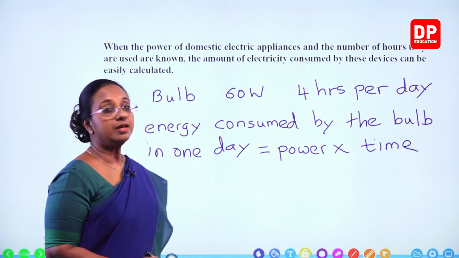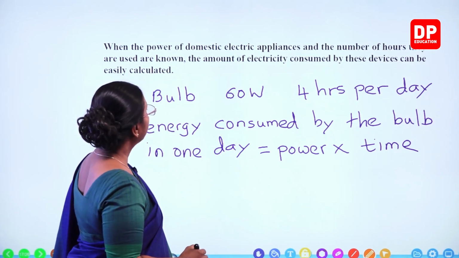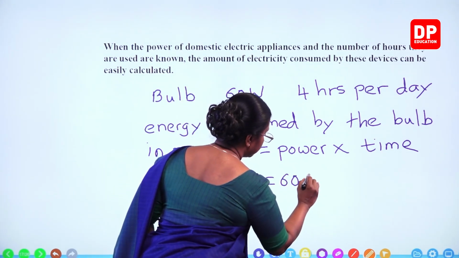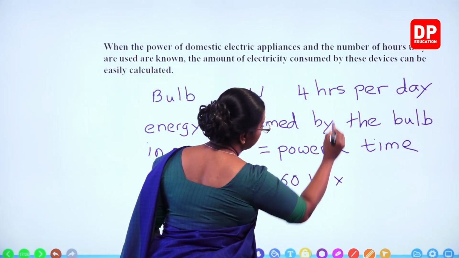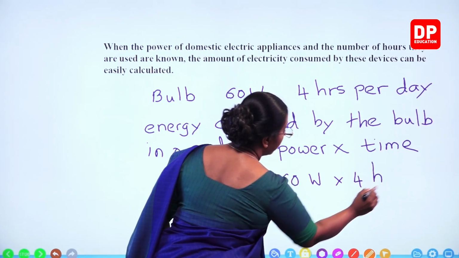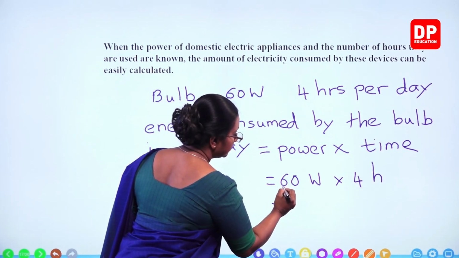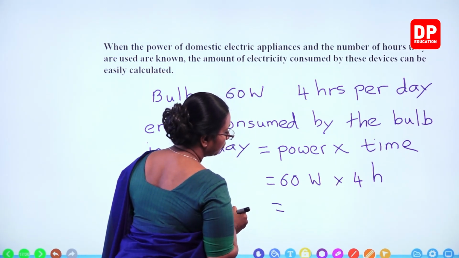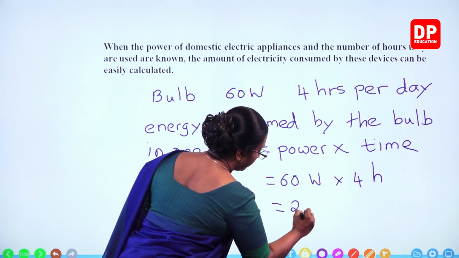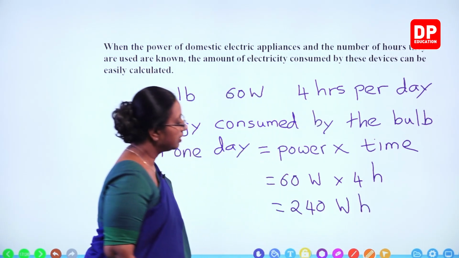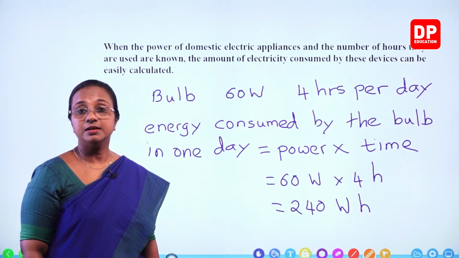Now we have the power 60 watts into time 4 hours. So this is 60 watts into 4 hours. So 240 watt hours of energy has been consumed.